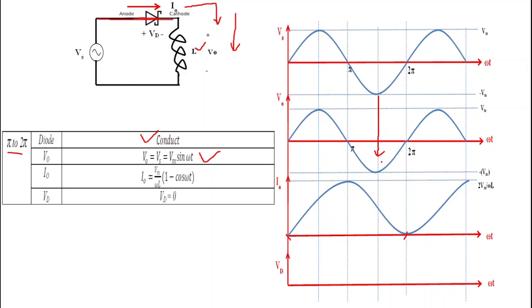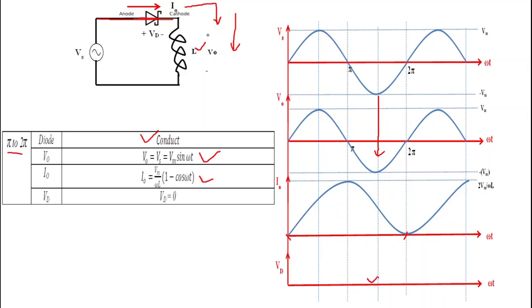Now the equation of output current will remain the same from pi to 2 pi. And what is the drop across the diode? As the diode is conducting from pi to 2 pi, we will not get any drop across the diode, and the drop across the diode will remain 0.